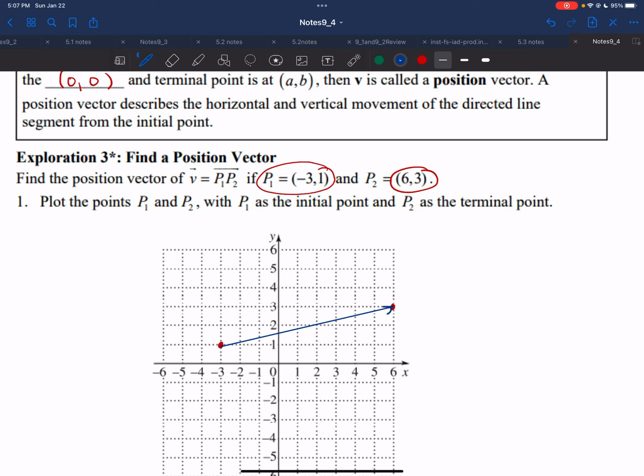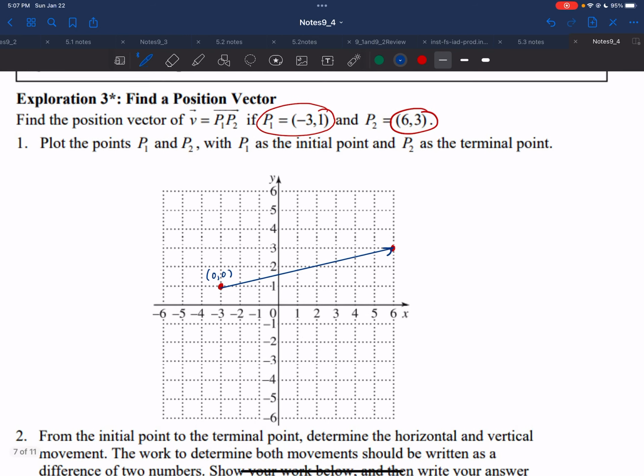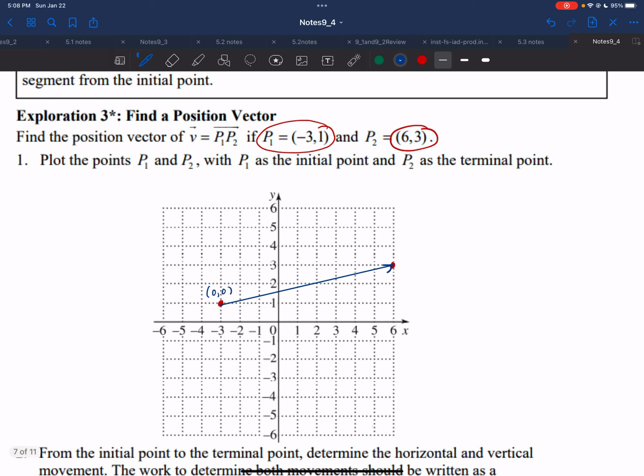And if I consider this 0, 0, then I'm going to determine what my position is. So I go over 1, 2, 3, 4, 5, 6, 7, 8, 9. So this would be 9.